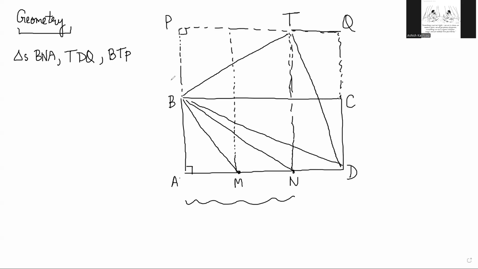Similarly for TDQ also you can do that, because this length is 1/3 of AD, and this one is twice of this. So maybe this is a different type of triangle from the other two.